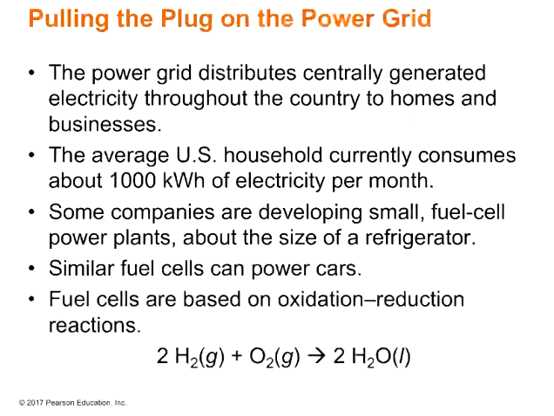Of course, recently that's probably gone up since most of us are working from home, but that's a lot of energy, and some companies are trying to develop small fuel cell power plants, which are about the size of a refrigerator. And these fuel cells could power homes or businesses or cars.